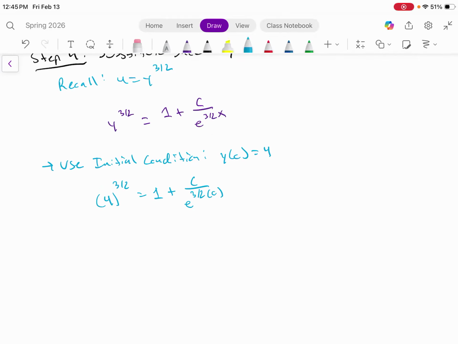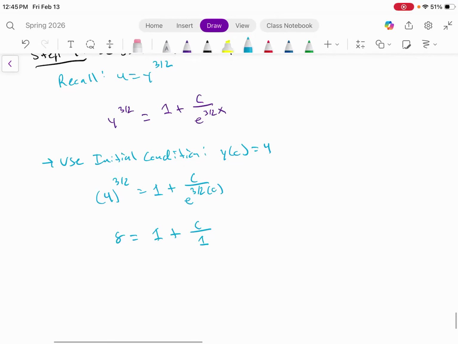And so 4 to the 3 halves, if you put that in our calculator or think about it, it'll end up being 8. Okay. 8 equals 1 plus c over e to the 3 halves times 0. Well, that's just e to the 0, which is just 1. And so c is going to equal 7.